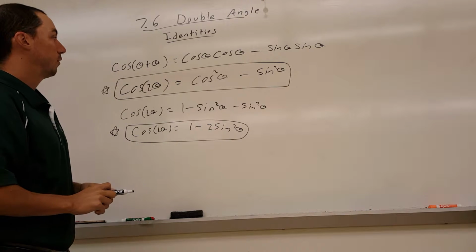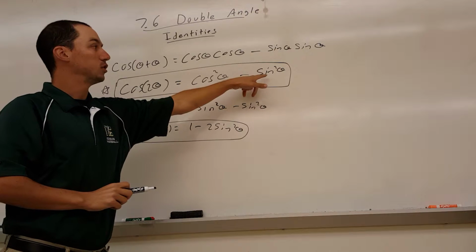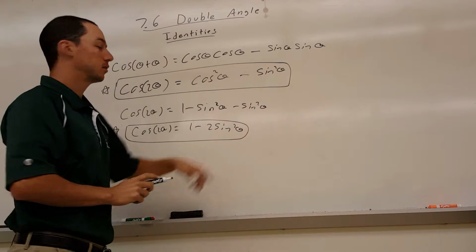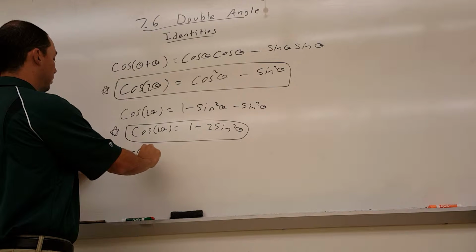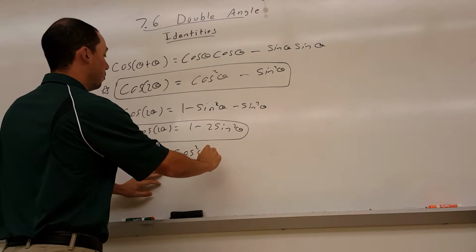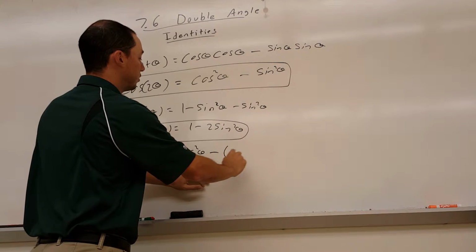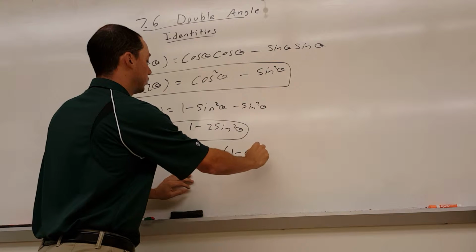Sticking with that, we can also rewrite this so we only have cosine. So let's change sine squared to 1 minus cosine squared using a Pythagorean identity again. So cosine of 2 theta is equal to cosine squared theta minus, parentheses here, quantity, sine squared is 1 minus cosine squared.